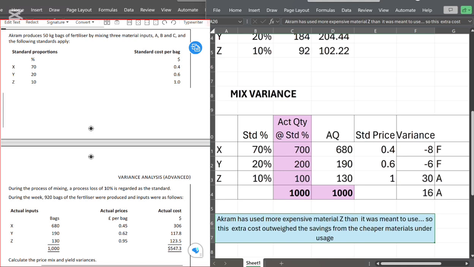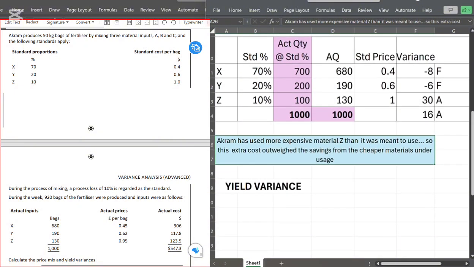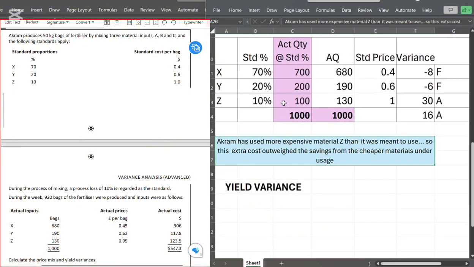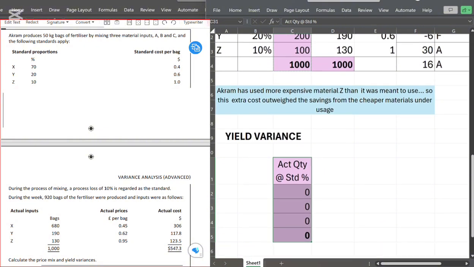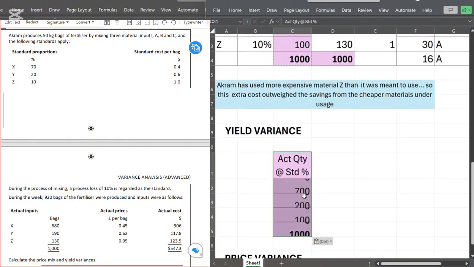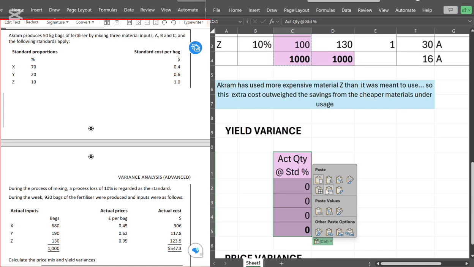But let's find out. So for yield variance, remember, this new column, we're still going to bring it in because we want it. It is the standard proportion of consumption, like we have said, is going to be the same for both mix and yield variances.